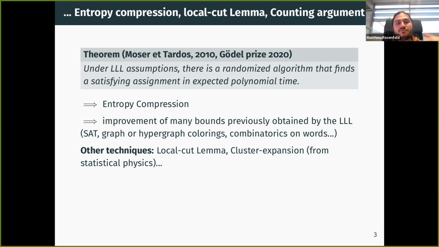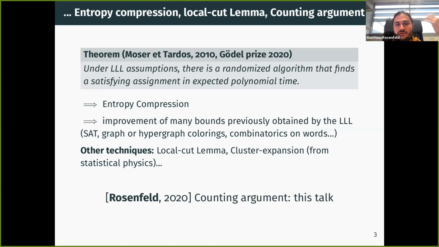So there are many different points of view on this large family of techniques that apply to the same kind of problems. The one I'm going to focus on today is a technique that we'll call the counting argument for this talk, which I introduced in 2020. Let me just say it's not completely true. The technique was actually known, or at least a similar idea was used in combinatorics on words for at least 10 years before that.